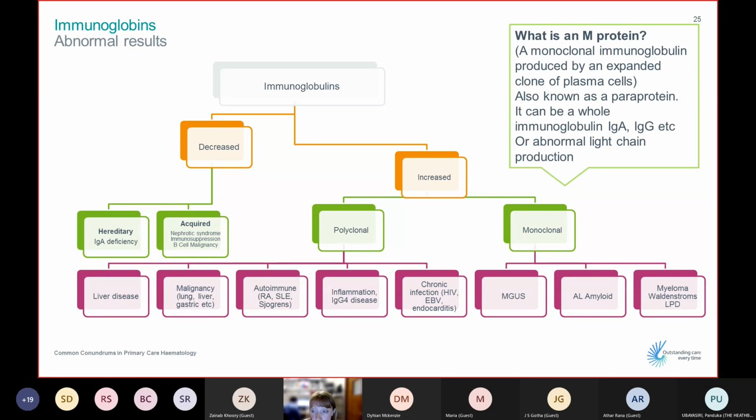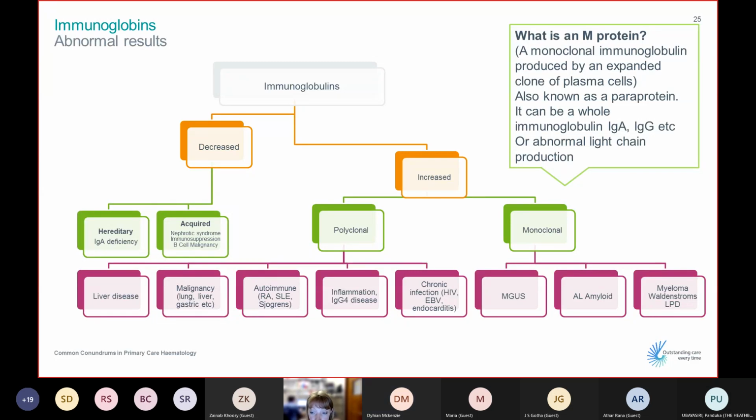This can be a whole immunoglobulin, such as an IgA paraprotein or IgG paraprotein, or an abnormal light chain production. And it's these proteins that we associate with our hematological malignancies and their precursors. So MGUS, amyloid, and myeloma, Waldenstrom's, and other LPDs.